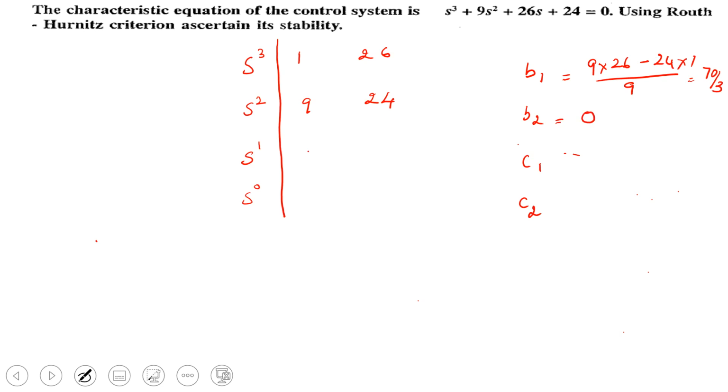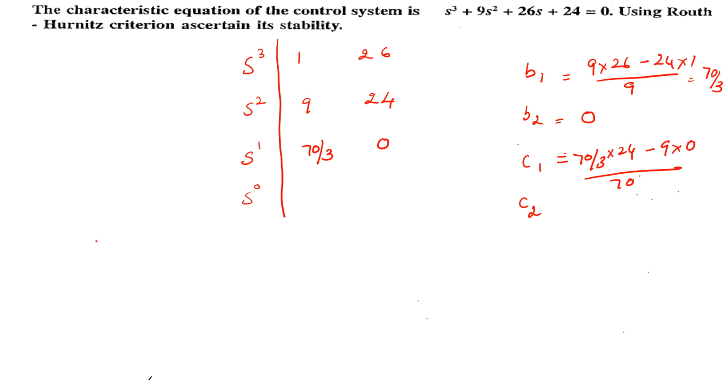So write down the third row: 70 by 3 and 0. For C1, it is 70 by 3 into 24 minus 9 into 0, divided by 70 by 3. That will be equal to 24. For C2, there is no third column, so it will be equal to 0. Write down the values.